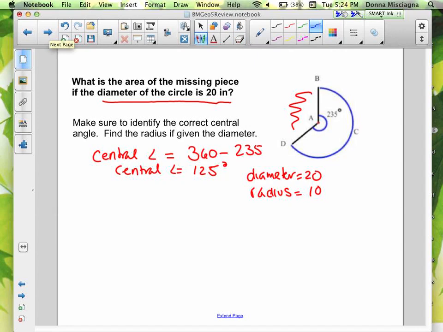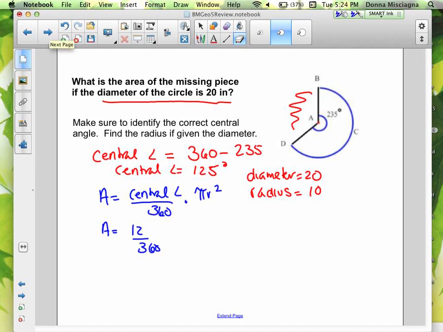So the area, I'll just put A for area, is our central angle over 360 times pi r squared. And then we just substitute in. So our central angle is 125 over 360. I should really make that 25 look a little nicer.